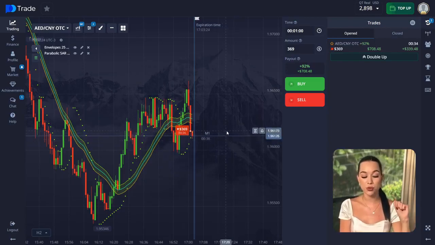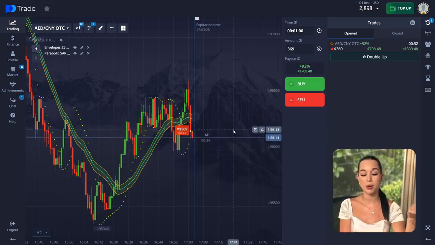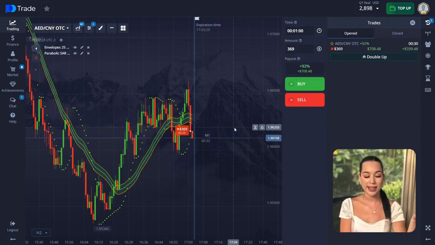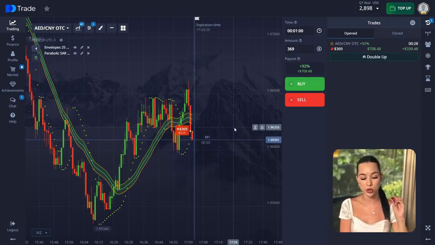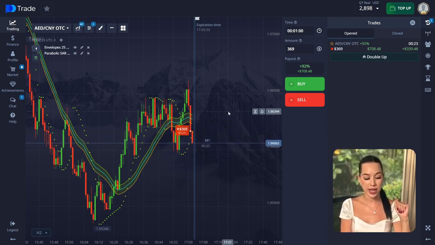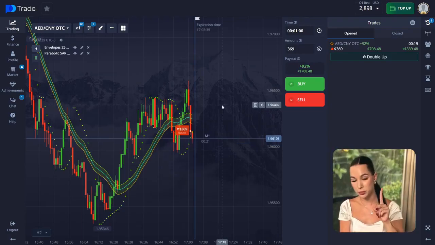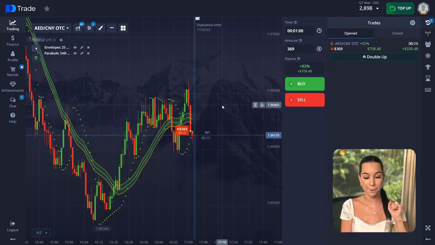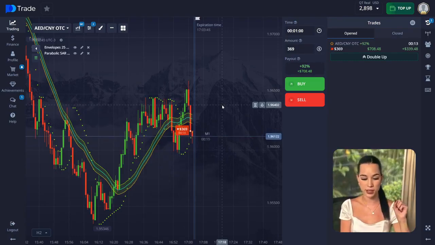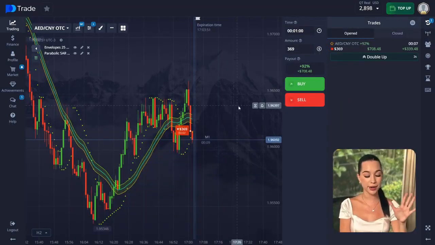It may produce false signals, of course, when the price moves sideways, and the trader should expect small losses or small profits. The indicator can also be used to set stop loss orders. But here on Pocket Option, we don't have stop losses, and it's also pretty important to tell, because some of the people are still asking how to put the stop loss. On binary options, we don't have it. So you have to be more careful.